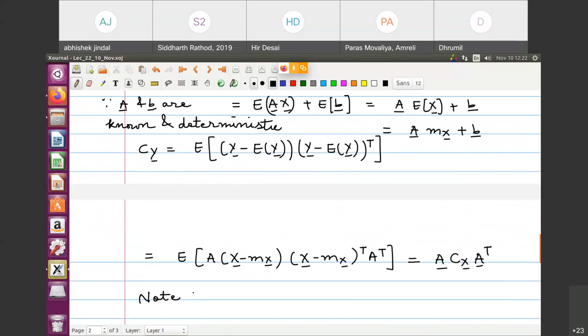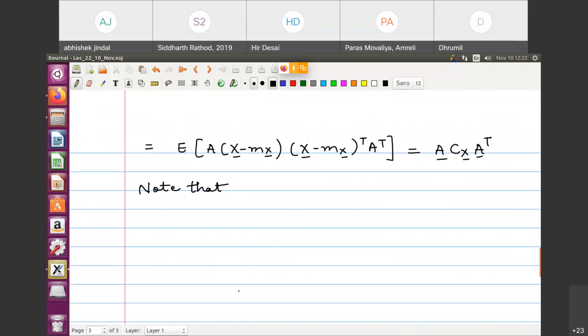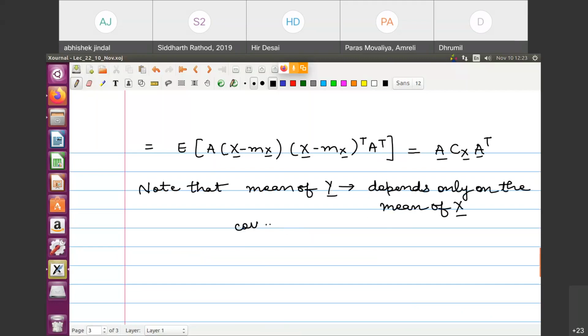So note that the mean of y depends only on the mean of x, and the covariance of y depends upon the covariance of x.